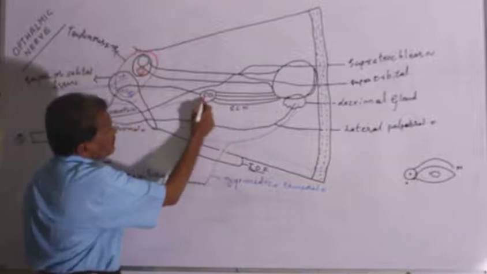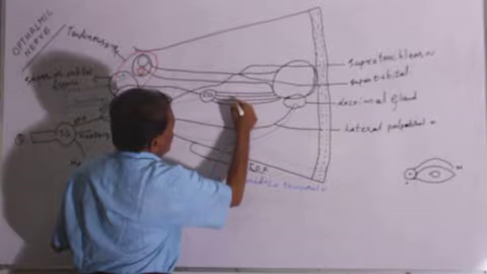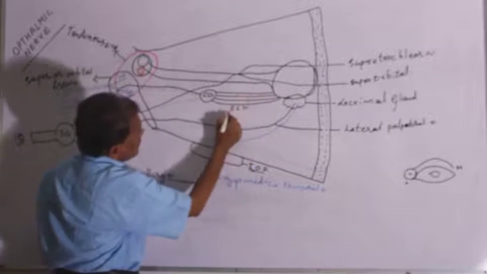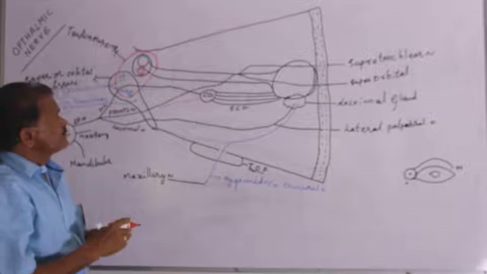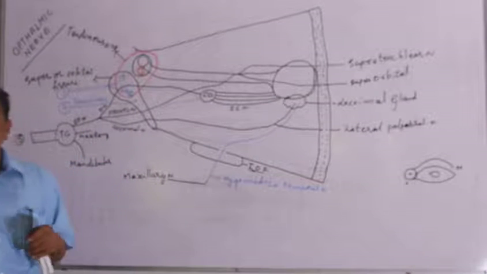They come out from the ciliary ganglion, and these postganglionic fibers collectively are called the short ciliary nerve. The short ciliary nerve enters into the eyeball and supplies the eyeball.